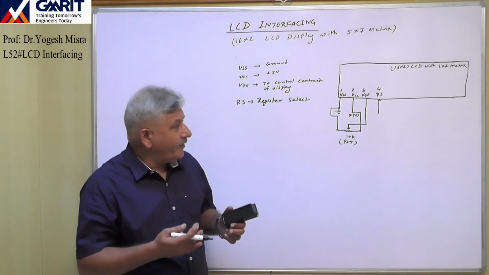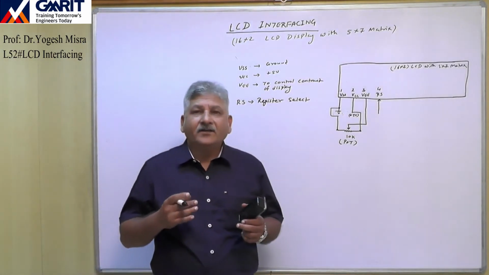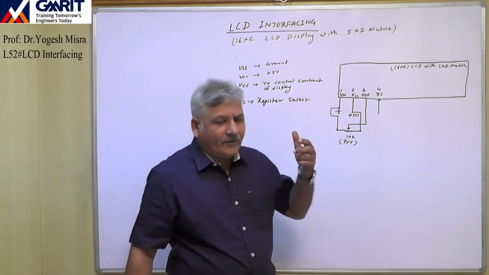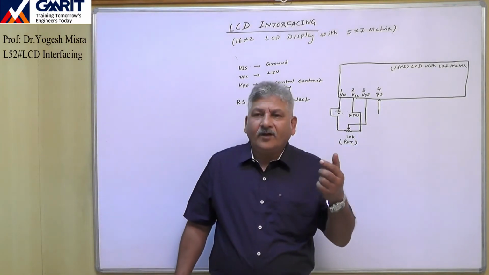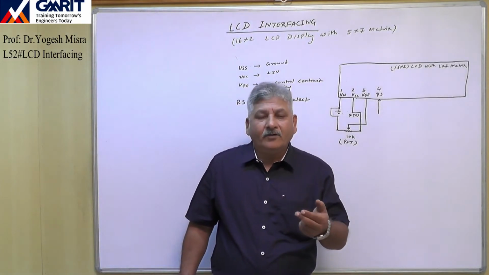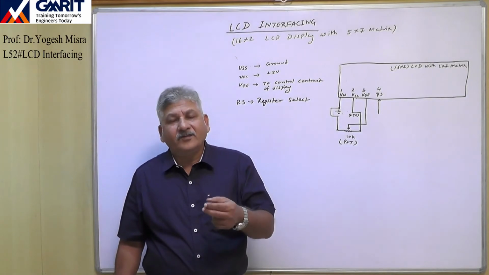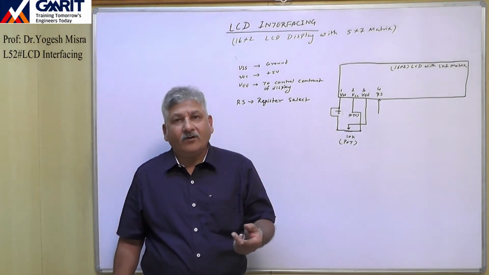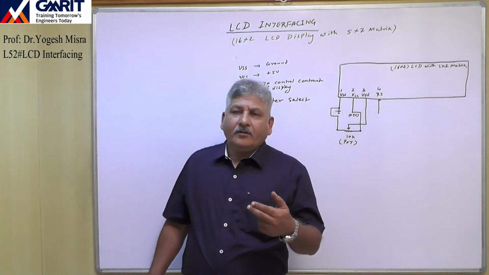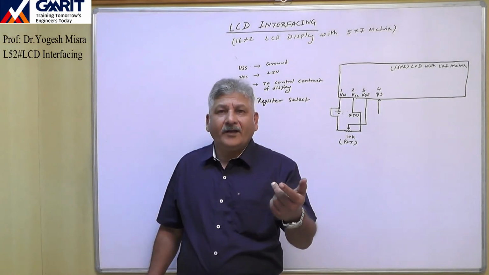So to display certain things, we first have to send certain commands. Command means we want to display our character from first line at the third column, or we want to display our character string starting from second line first column. Or our cursor should be on or it should blink.